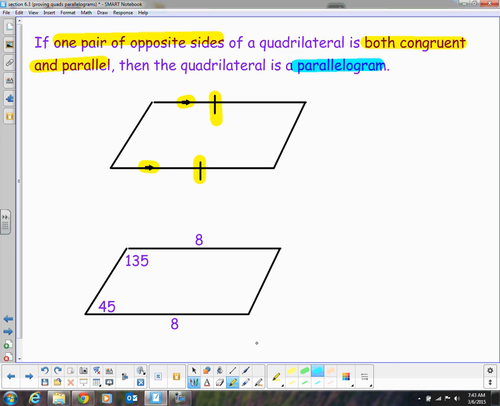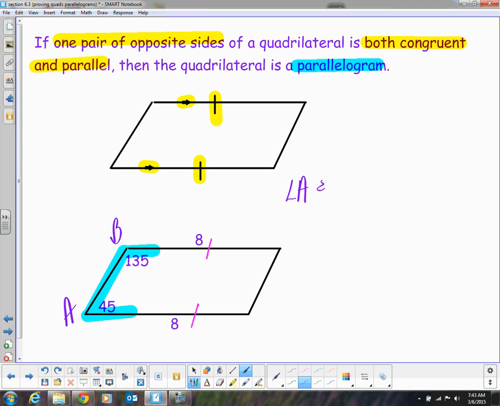So if we look at this, we definitely have one pair of congruent sides. What do these two angles tell me? What do they tell me? That angle A and angle B are what?